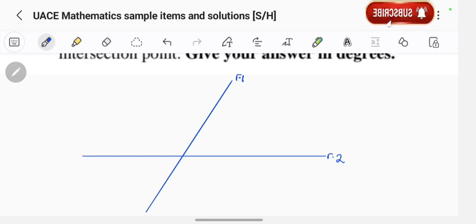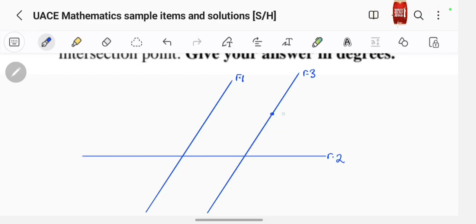Then it's stated that road 3 is parallel to road 1. So if road 3 is parallel to road 1, it means that maybe it's this kind of structure. So this is road 3 and it's passing through point (4,1).